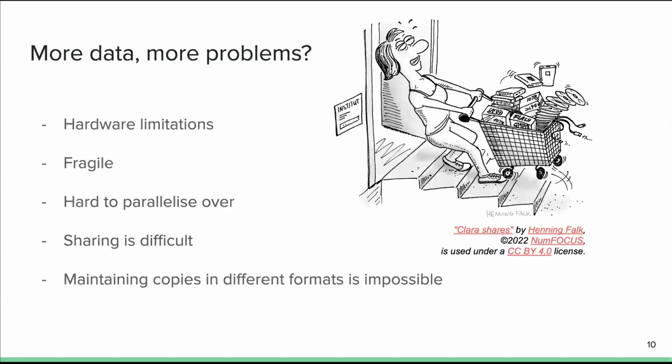So there are lots of problems which come with scales of data. If the data is larger than your memory, maybe even larger than your hard drive, or even larger than what could be quite a large, beefy storage server, then you can't store it in a single file, which means you need to be scattering it across multiple files and coordinating where the boundaries of those files are, and so on.